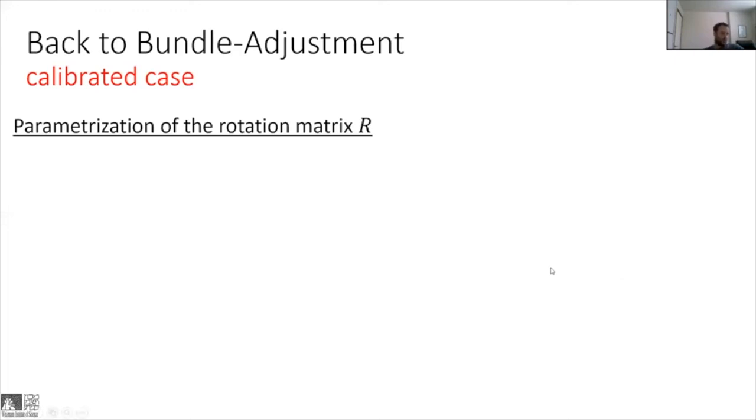A rotation in 3D has 3 degrees of freedom, but if we represent it by a 3 by 3 matrix, you can think of it as a manifold in R9. When we update, we want to stay on this manifold. We want every update in our iterative method to still give a rotation matrix.